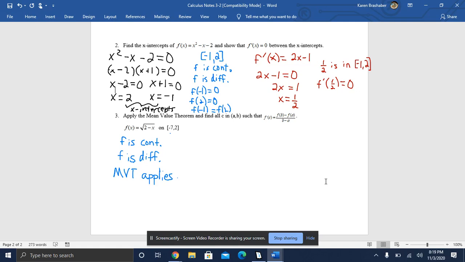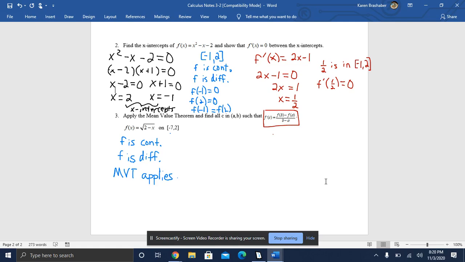If the mean value theorem applies, then our derivative should be equal to the slope of the line that goes through the endpoints. So you basically have two things to find. You first of all have to find your derivative.